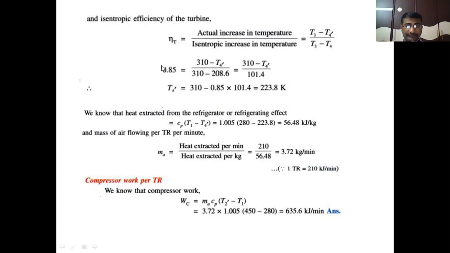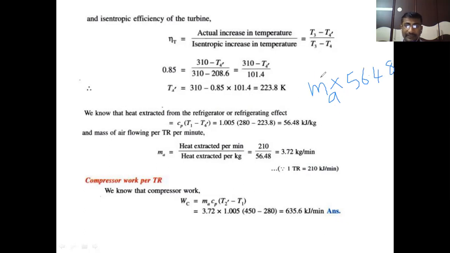MA is the mass of air circulated in the system, and heat extraction capacity per kg is 56.48. It is per kg: for every kg, 56.48 kilojoules of heat can be extracted.